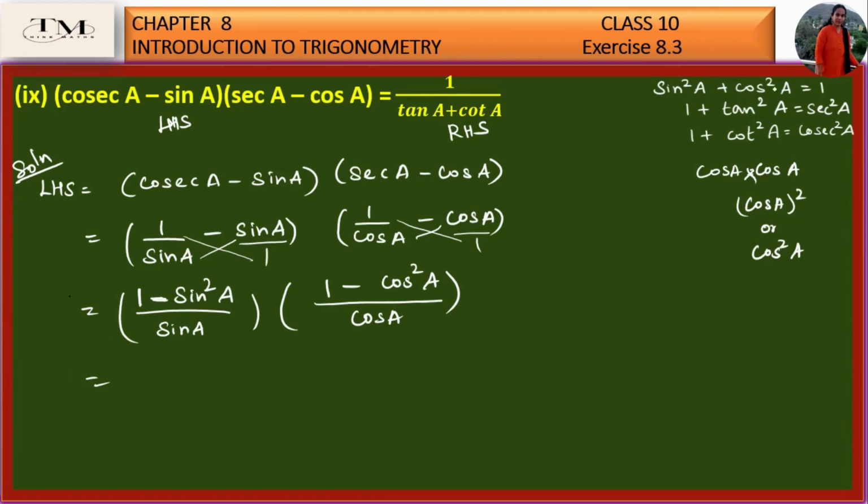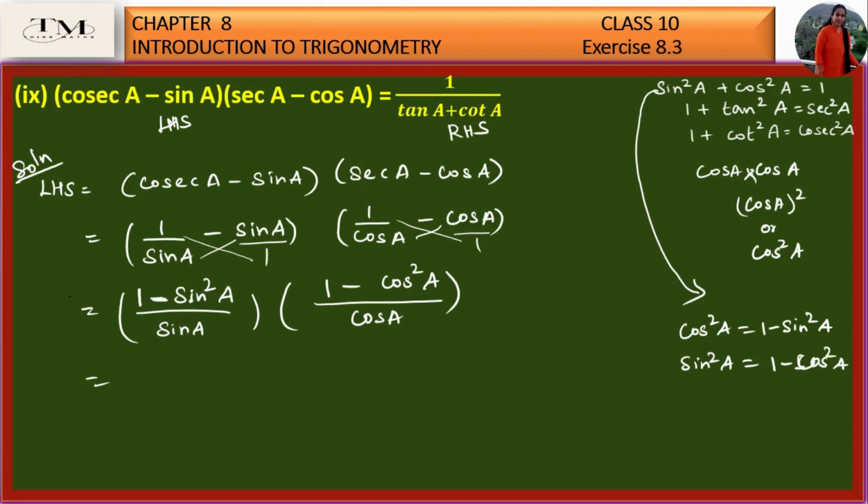From the first identity, cos square A equals 1 minus sine square A. In the same way, sine square A will be equal to 1 minus cos square A.